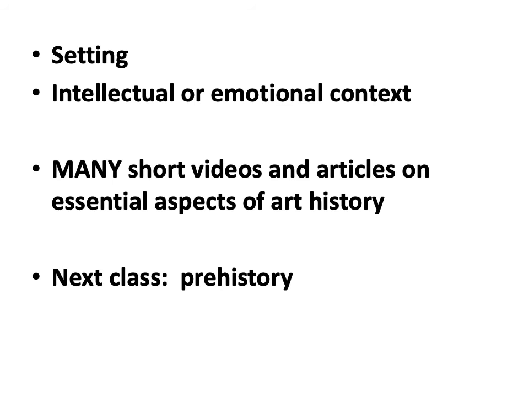We'll look a lot at the intellectual, emotional, historical context as we go back in our time machines. And again, there are many, many short videos and articles on art analysis and art history in this module. I encourage you to go through all of them and participate in the discussion at the end of the module.